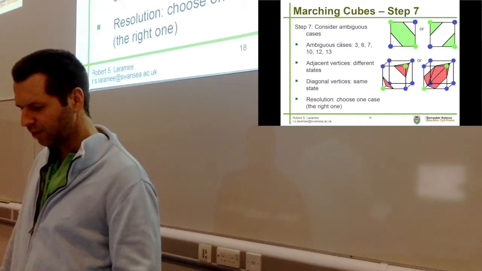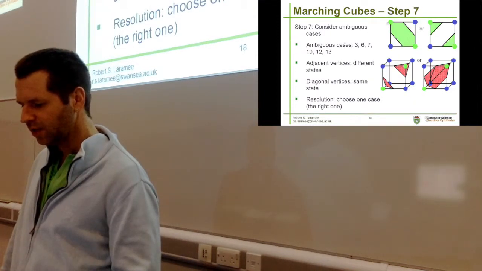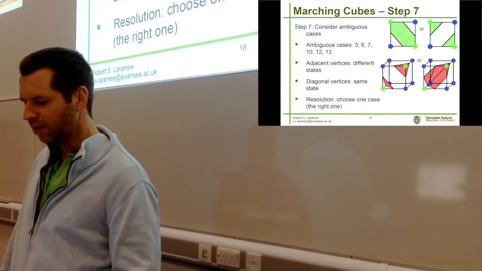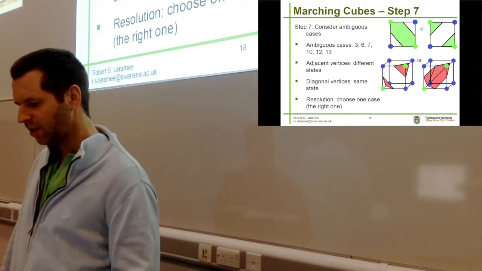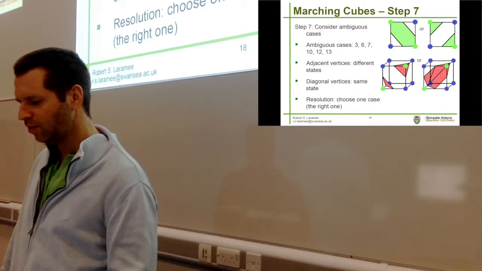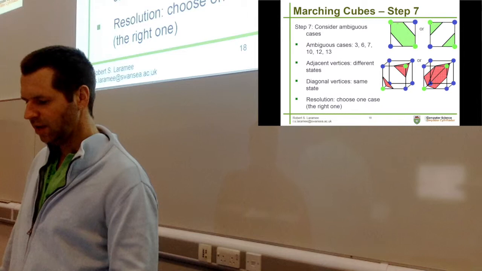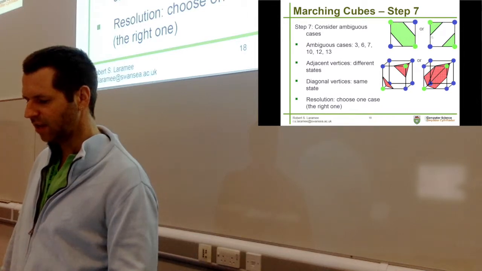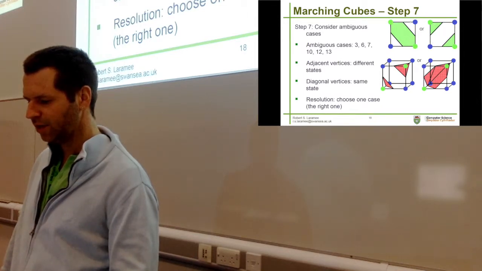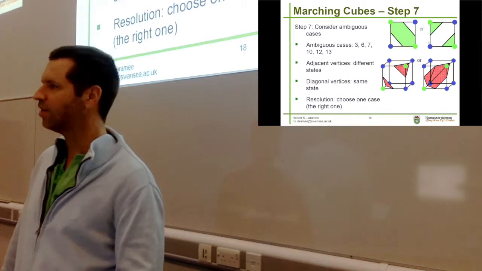But here's what one of them looks like in 2D, in 2 dimensions. And I think somebody was thinking about that earlier today. They were thinking about these ambiguous cases. So look at these 2 squares. They're actually exactly the same if you look at just the 4 data samples. These 8 data samples are exactly the same. So there's 4 here and 4 here, and they're the same.